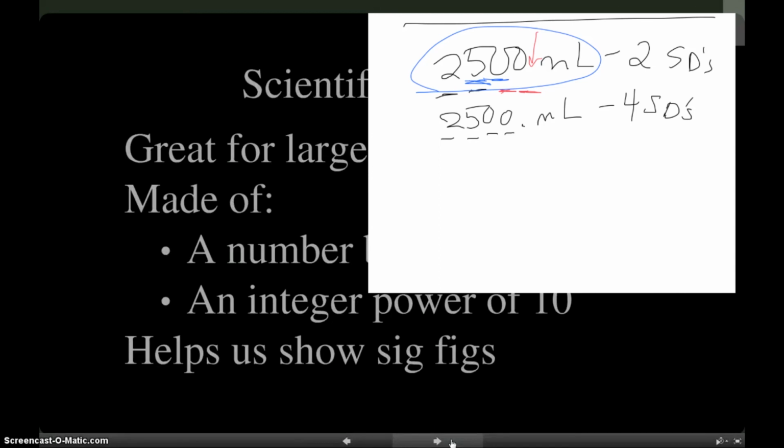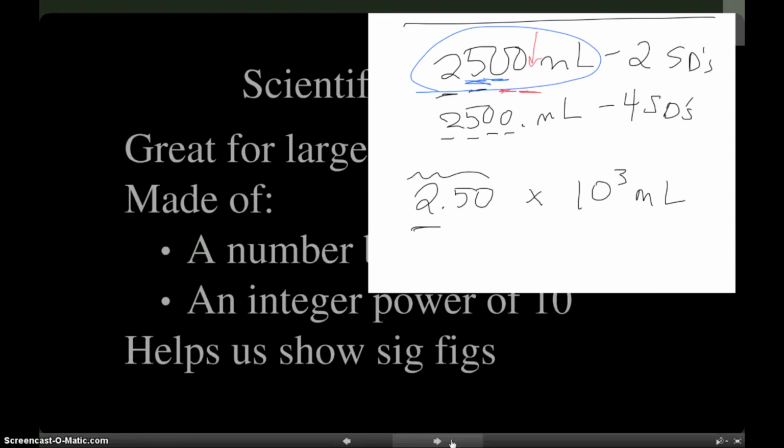Scientific notation is a number that only has 1 digit to the left of the decimal place, and then it's multiplied by a power of 10. So it's a number and then a power of 10.